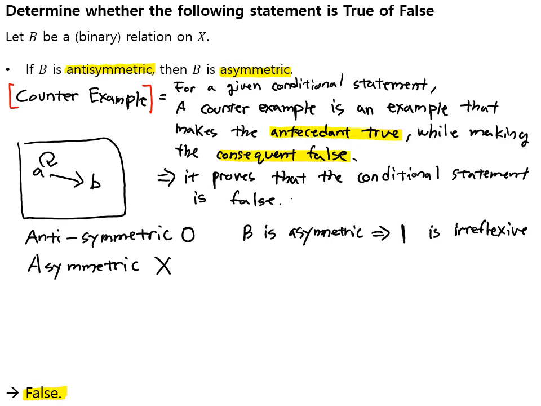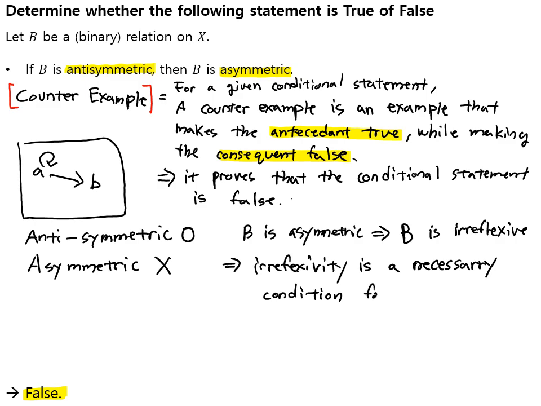What this basically means is that irreflexivity is a necessary condition for asymmetry.